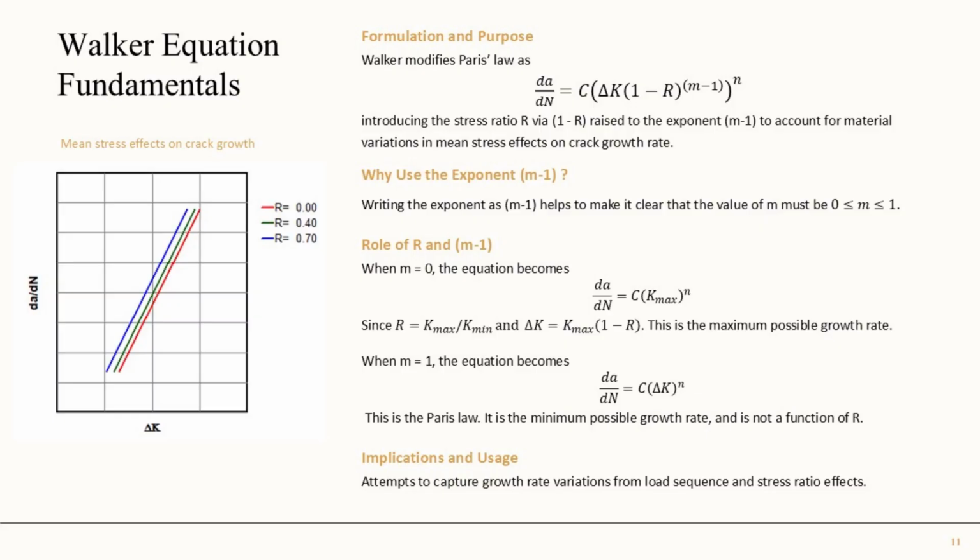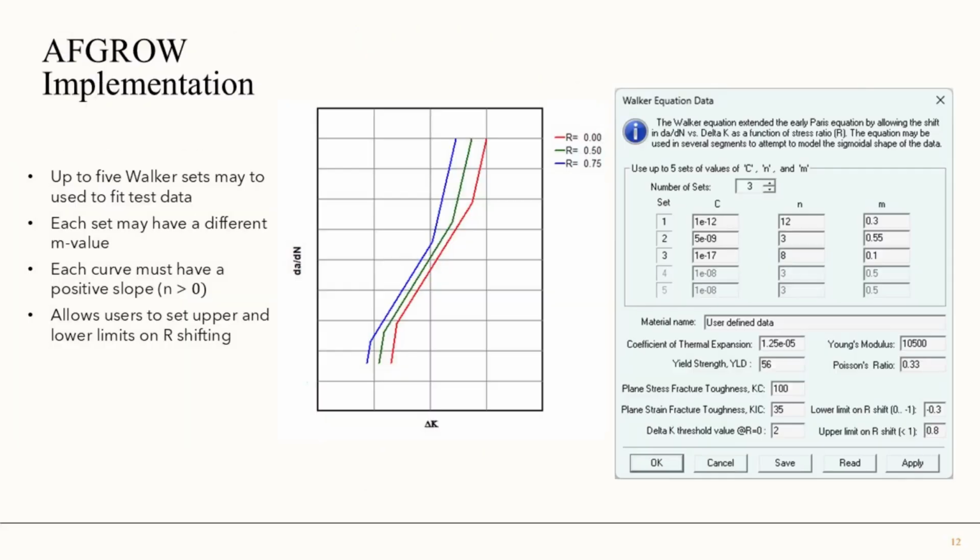So this is a lot better because it allows you to adjust the shift to match raw data. And the weakness of the Foreman equation was that you had to play different games to map R and so forth. This gives you a lot more ability to actually match raw data. It still has some disadvantages, but in the implementation in AFGROW, we can have up to 5 sets instead of just 3.